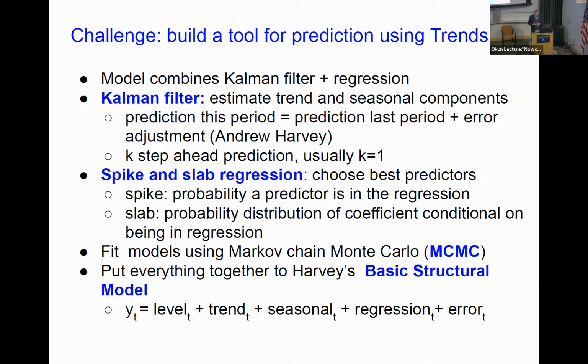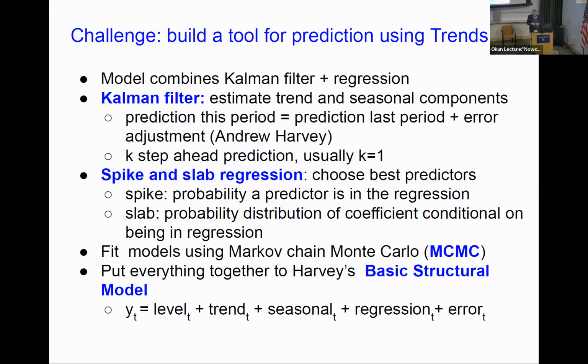So what we did is we had a model where we combined a Kalman filter, which is a prediction technology, with a regression model. On the Kalman filter, you get to estimate the trend. Is it going up? Is it going down? And the seasonal components, how does it look over the course of days a week or weeks a month, whatever.